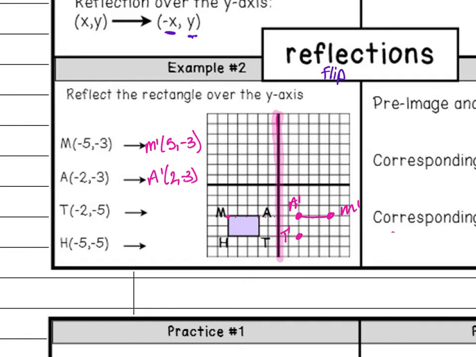So T prime. We okay? And H is 1, 2, 3, 4, 5. H prime, oops, I forgot my prime, is going to be at 5, -5. And then I can just connect my points, and then I have a congruent figure that's reflected over the y-axis.